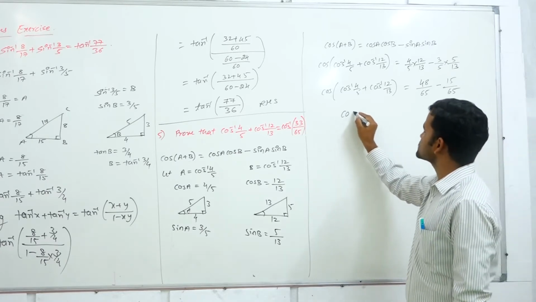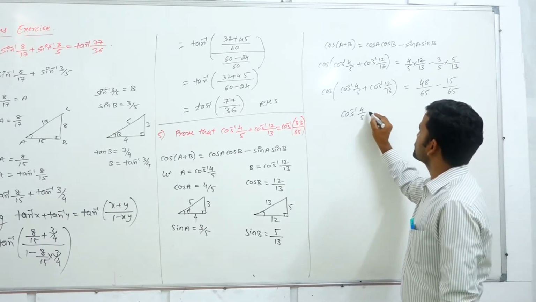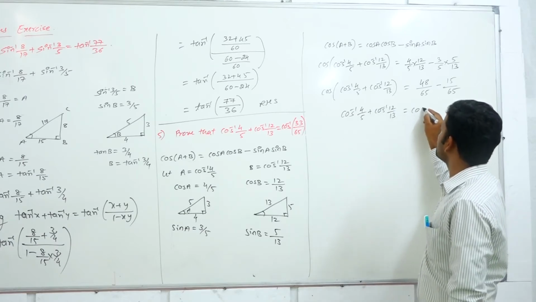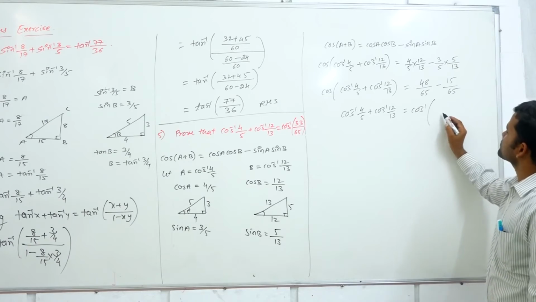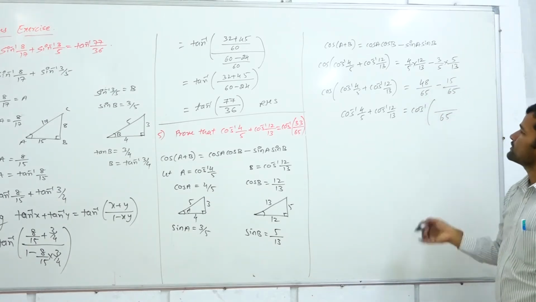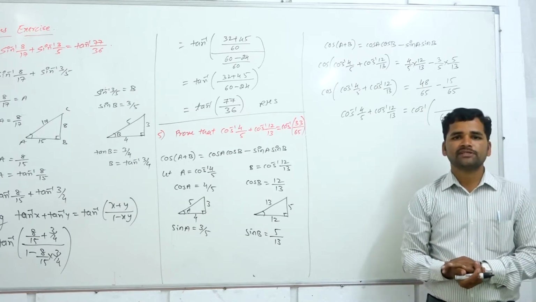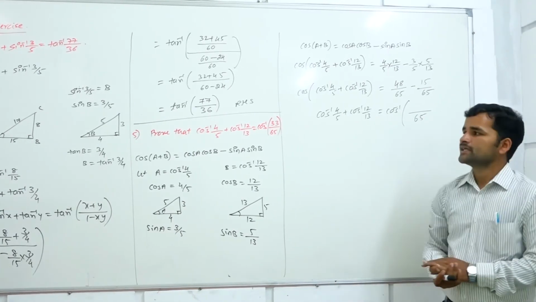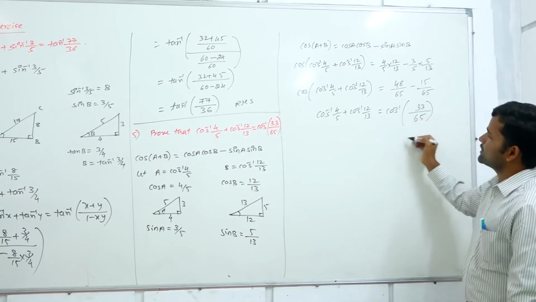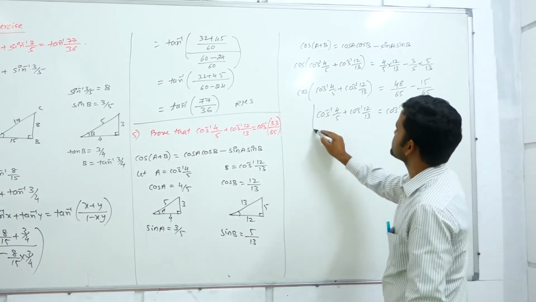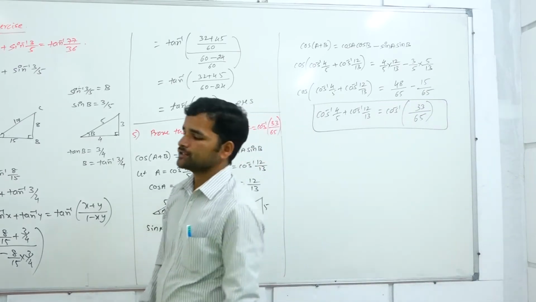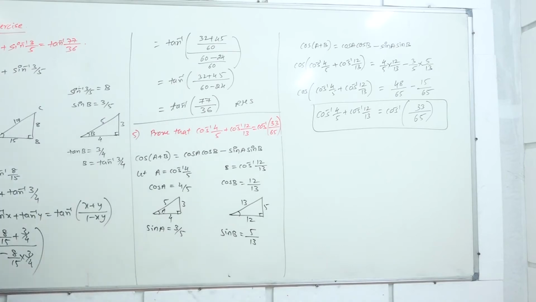This can be written as cos inverse of 4 by 5 plus cos inverse of 12 by 13 is equal to cos inverse of, simplifying, LCM is 65, numerator will be 48 minus 15. 48 minus 15 is 33. Yes, we got that LHS is equal to RHS directly. Otherwise, you convert it into tan inverse and solve it.